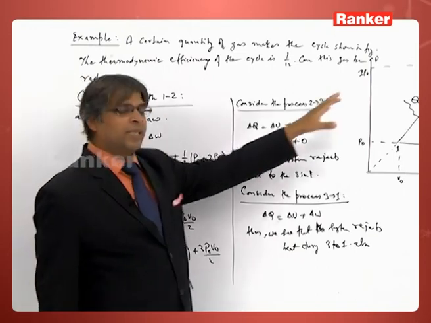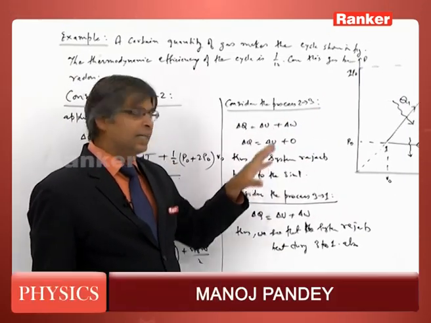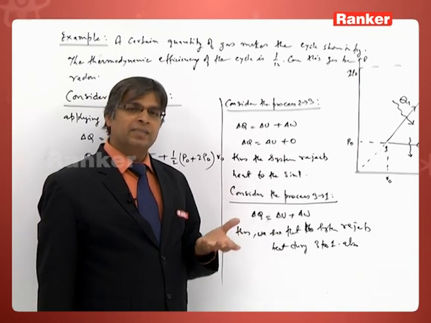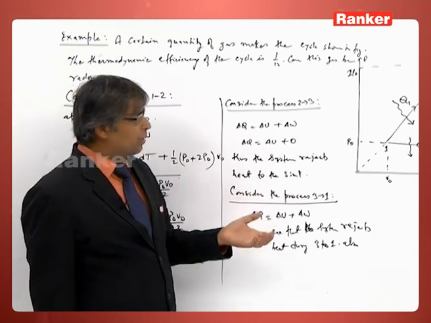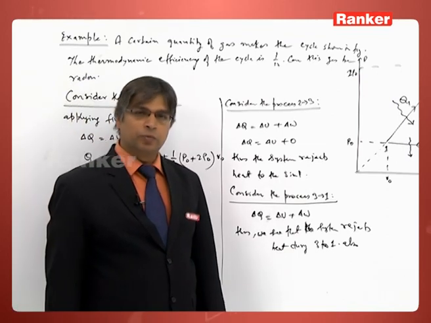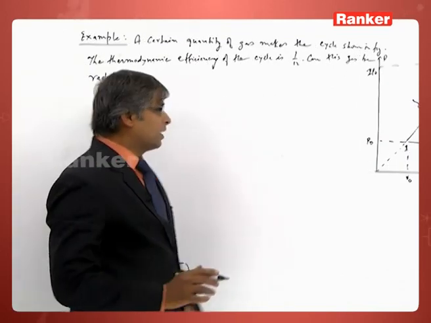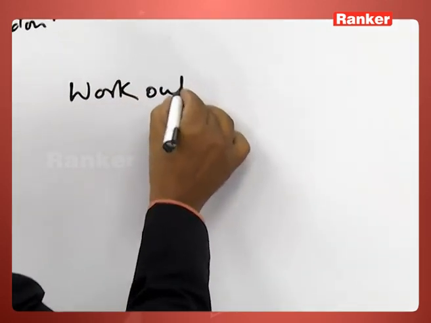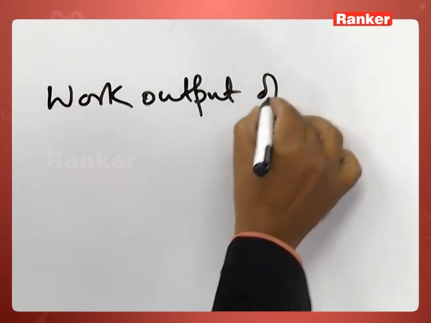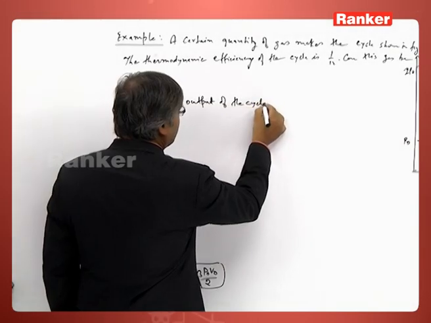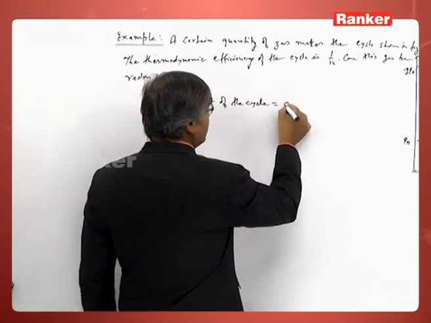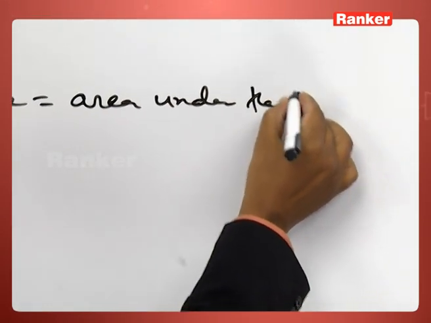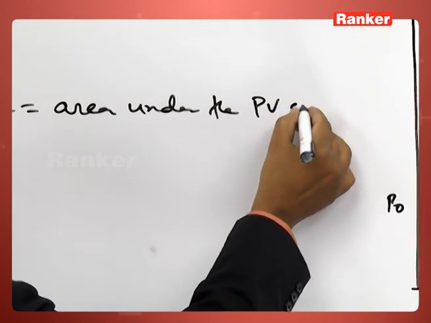Now in this thermodynamic process we have calculated the heat absorbed. Now what is the output we are getting? The output is in the form of work. So now let us calculate the work output. Work output of the cycle is equal to the area under the PV cycle.